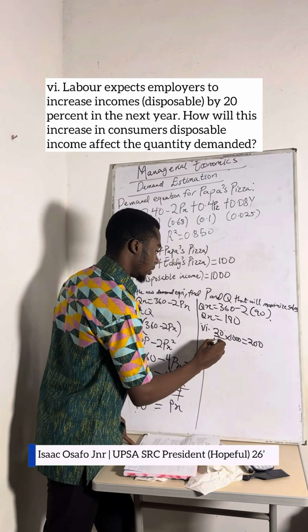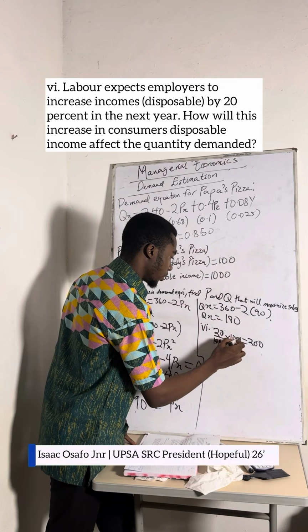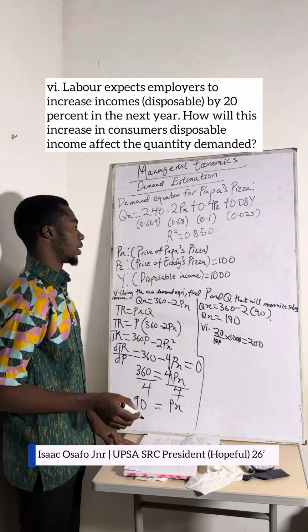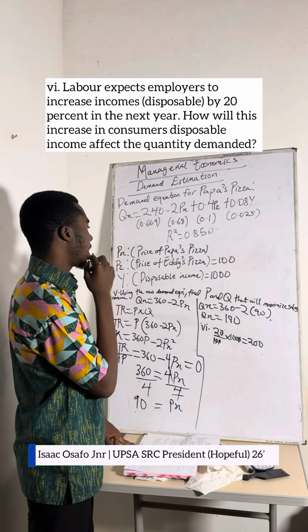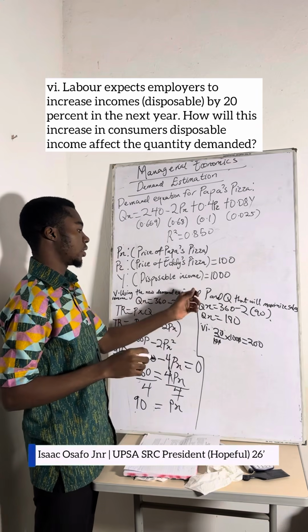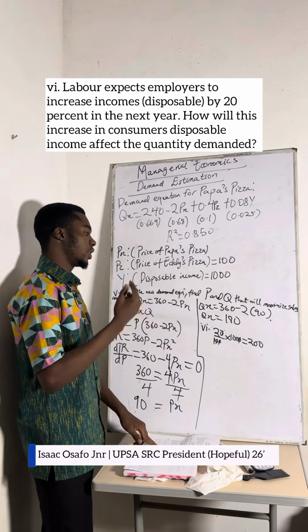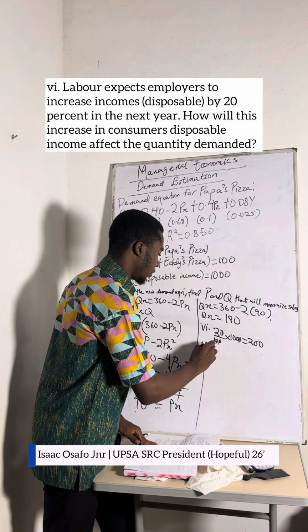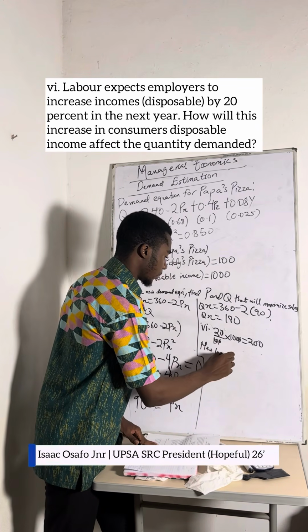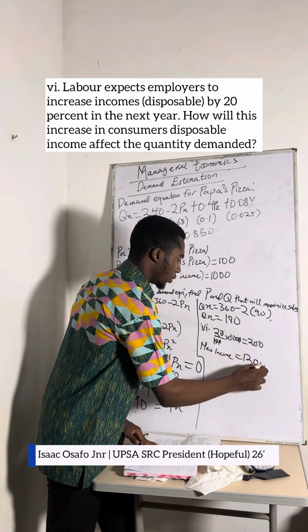If I'm not mistaken, 0 cancels 0, 0 cancels 0. So that will give us 200. Now it means that income increases by 200 from 1,000, so our new income is 1,200. You get it?